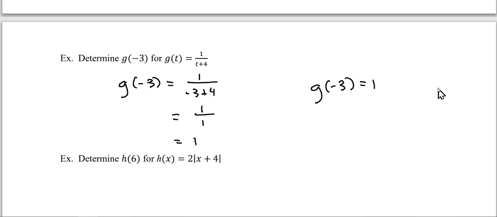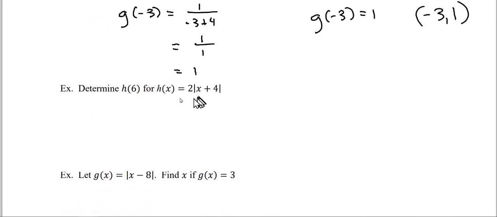This represents the ordered pair, if we were to graph this, of negative 3, 1. Negative 3 was my t value, and the output of the function was 1. No matter what I put in for t, that's always going to simplify down to a single number. That's why this is a function.